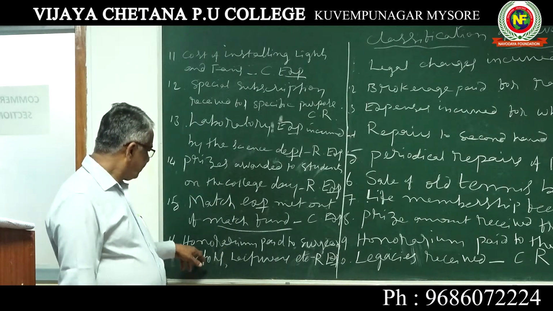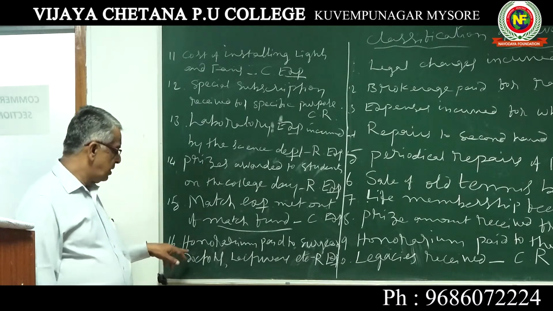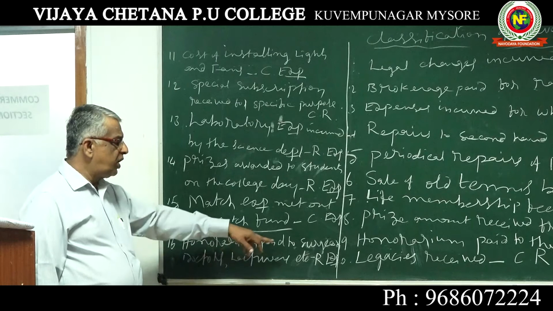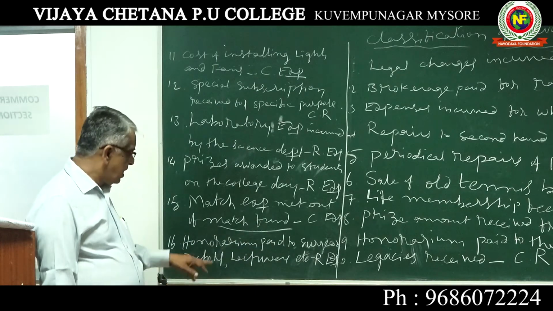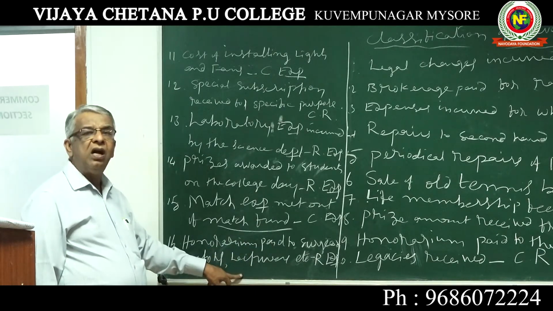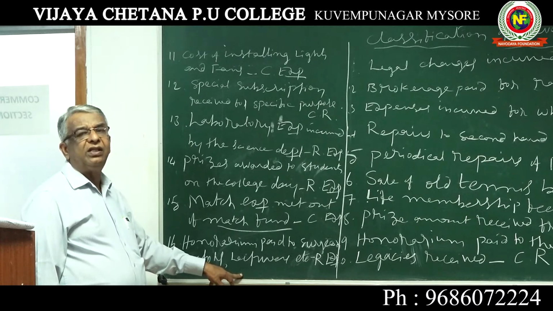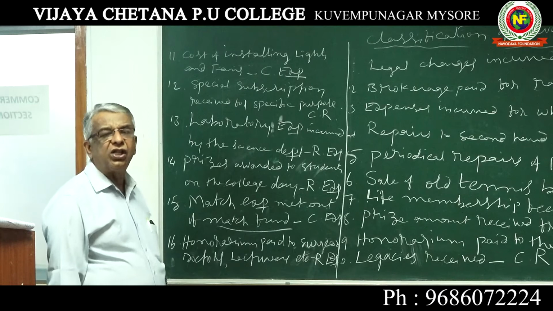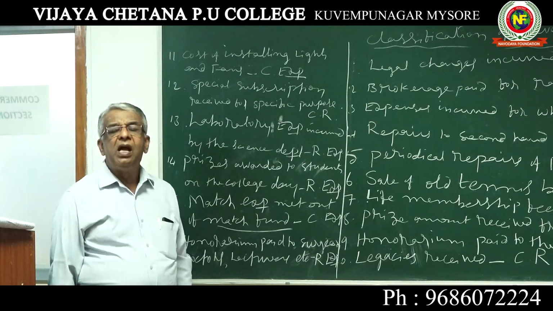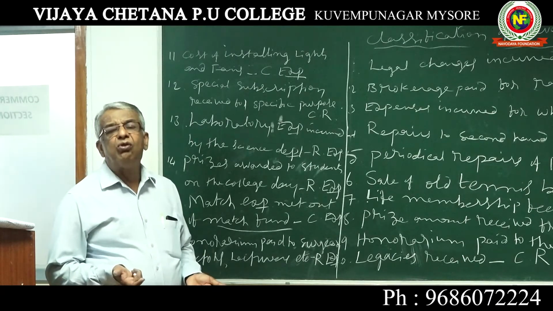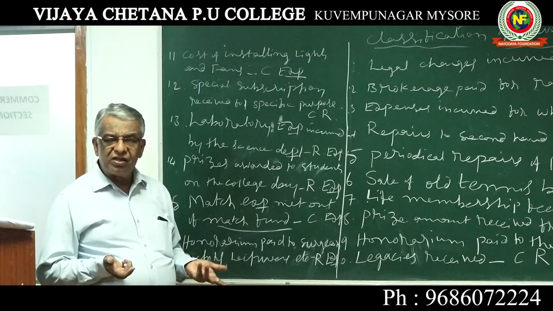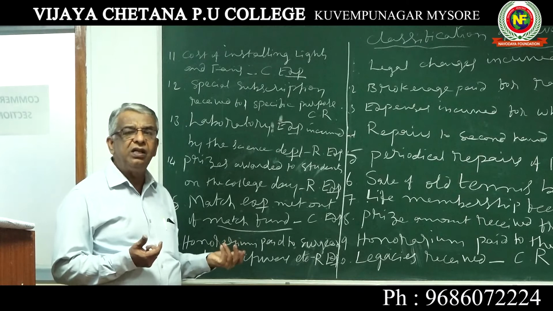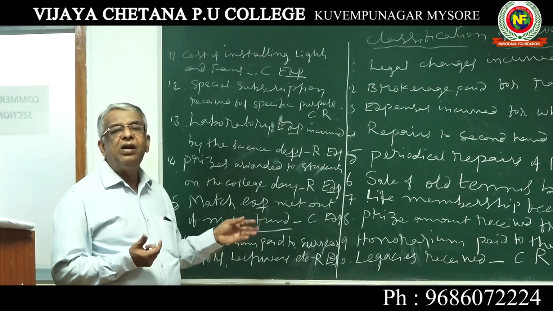And then the 16th one is honorarium paid to the surgeon. Honorarium paid to the surgeon, doctors, lecturers, whoever may be the case. For the service rendered by them, hospitals and educational institutions have to pay a lump sum amount to the lecturers, or a lump sum amount given by the hospitals to the surgeons and doctors.